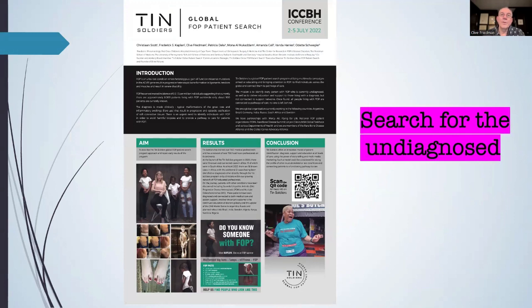Now, I do want to briefly speak about Tin Soldiers, which was started in South Africa. Essentially the mandate for Tin Soldiers was to search for the undiagnosed. If the prevalence is 1 in a million or 1 in 1.6 million, and we only have so far 800 individuals in the world, you can see that there are huge numbers of individuals that have yet to be diagnosed.